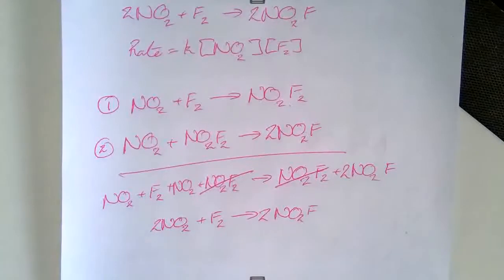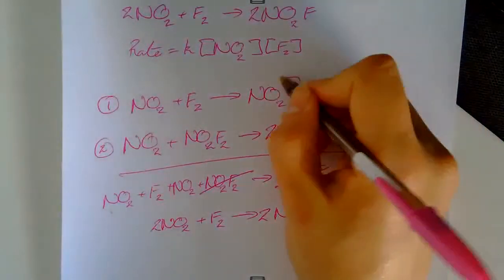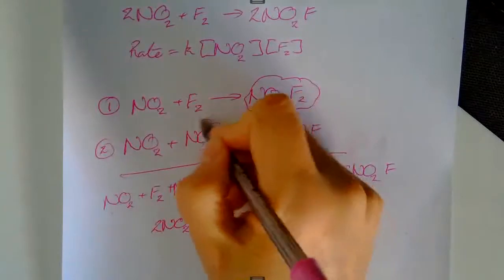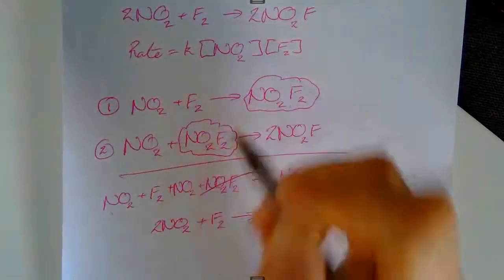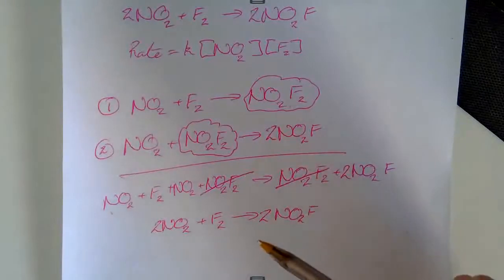Okay, the first one is actually the true one, but from what you've been given, that's a reasonable intermediate, so you could do that so long as your intermediates cancel out and you end up with the right overall equation.